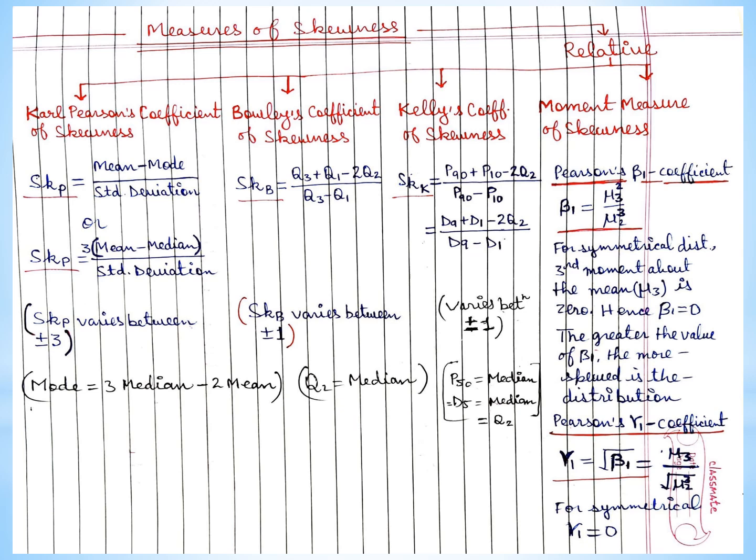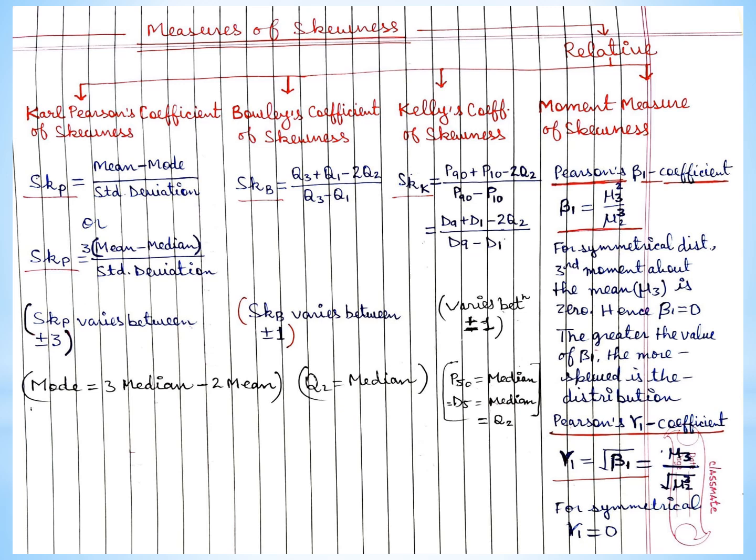And second quartile, that means Q2, is always equal to the median, right? So the formula for Bowley's coefficient of skewness SKB is equal to Q3 plus Q1 minus 2Q2 upon Q3 minus Q1.